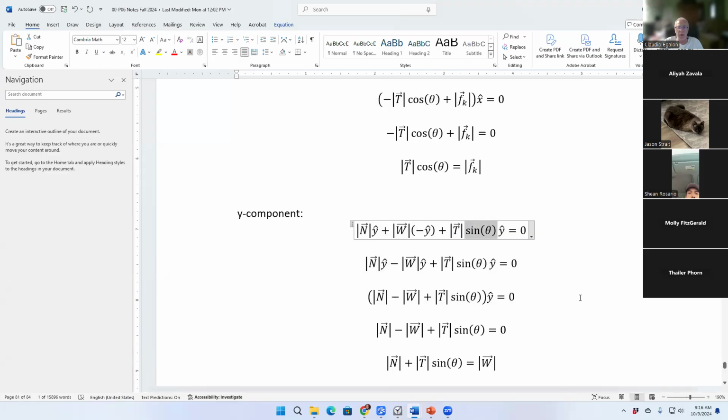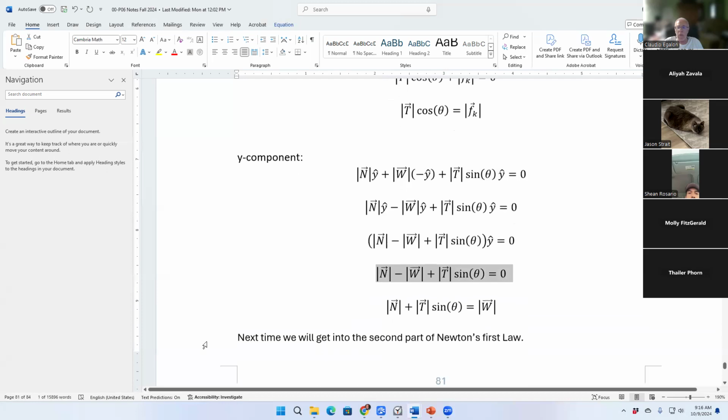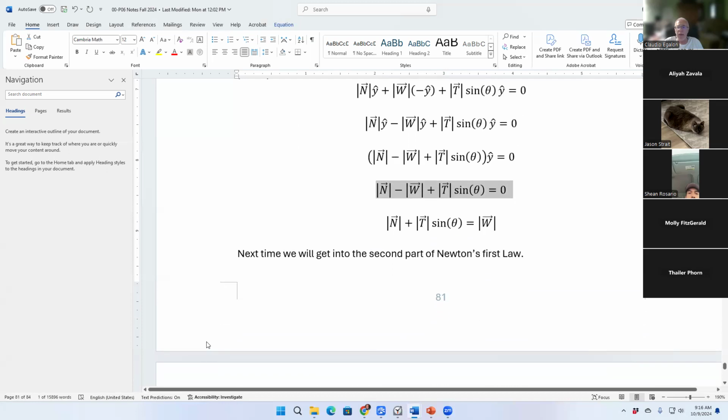Not much different from the other situation, right? And we repeat everything that we did before: put the y hat in evidence and equate the scalar part of the equation to 0.